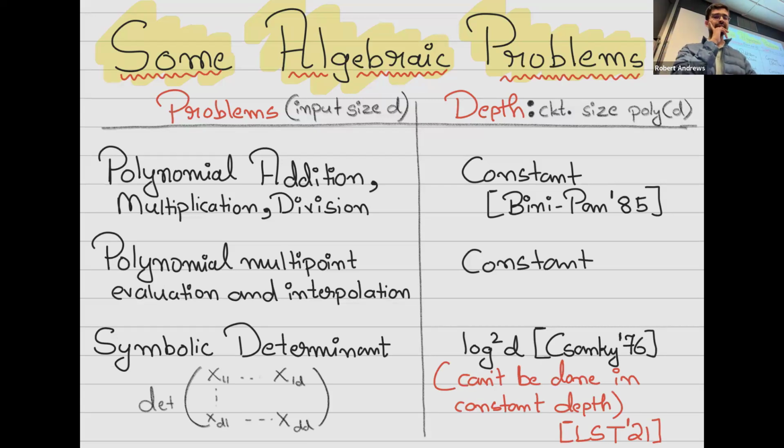This is a result of Csanky. And I know that we cannot do this in constant depth. So it's an example of a problem which, in contrast to GCD and the earlier problems I mentioned, we know we can't do in constant depth.